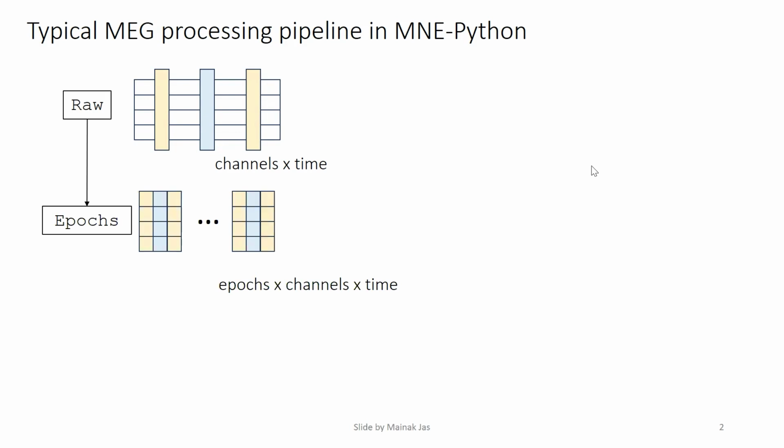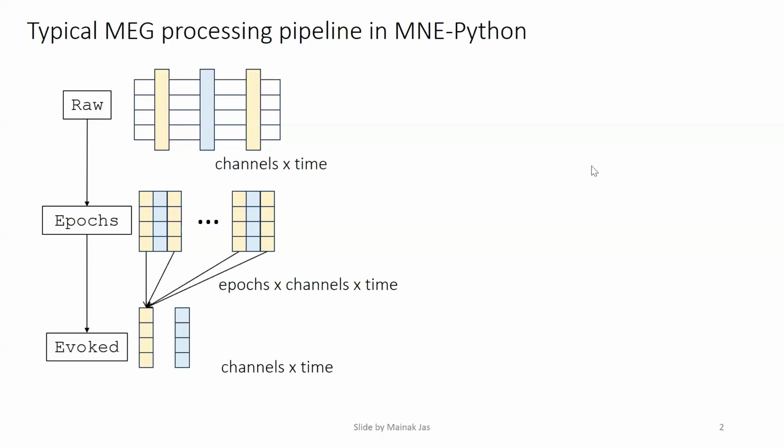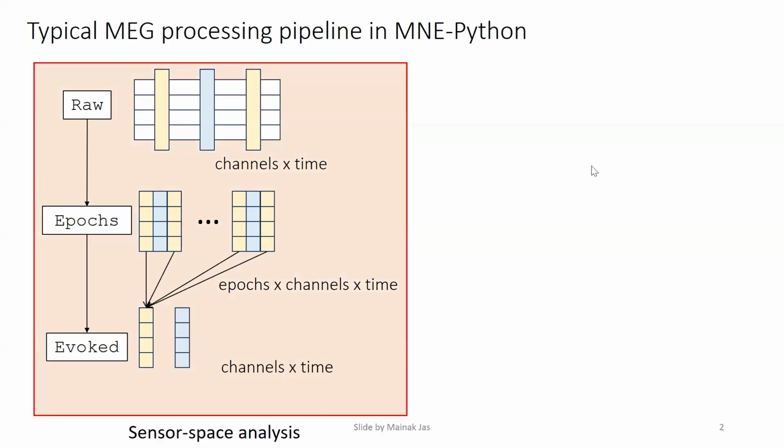From the raw object, you extract parts of your time series which are time-locked to the trigger, and you construct epochs, which is number of epochs times number of channels times number of times. And then you average these epochs into evoked responses, which are number of channels times time points. And this comprises what's known as sensor space analysis.